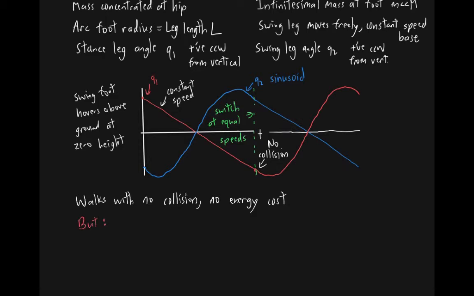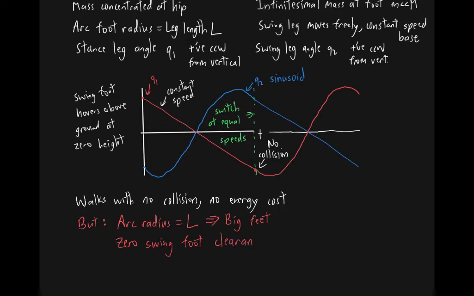Of course, there are also disadvantages to this model. One is that with the foot arc having radius equal to leg length, the result is that we have big feet. Big feet might not be terribly convenient for a walking model or a robot. Secondly, we have essentially zero swing foot clearance.